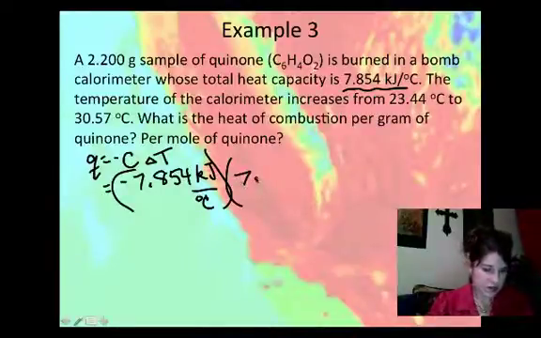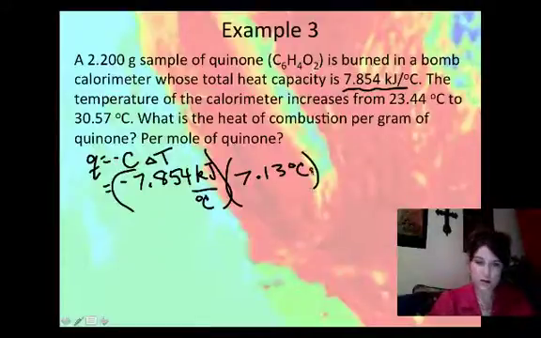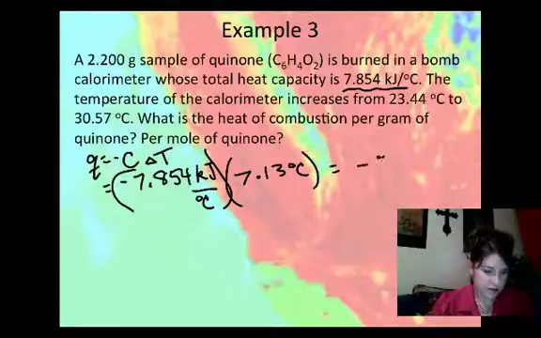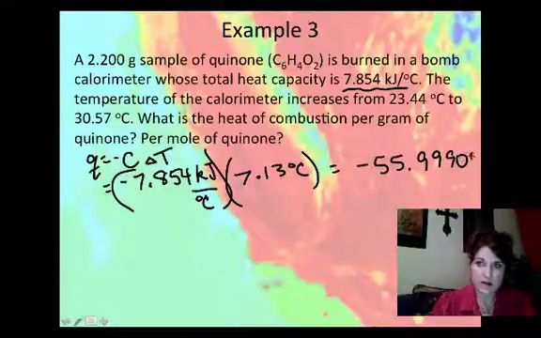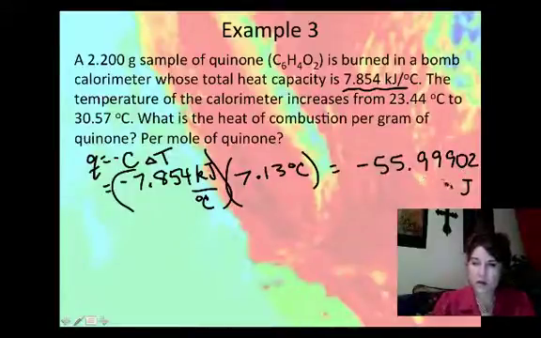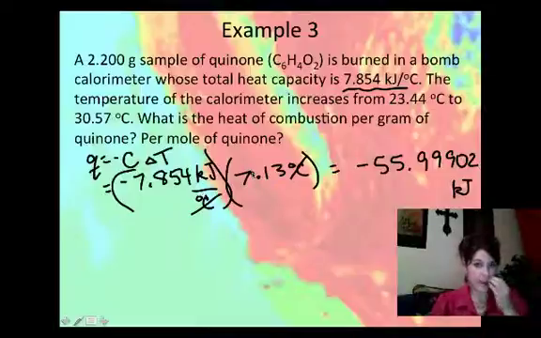Okay, my temperature change was 7.13 degrees Celsius. And that gives me an overall heat during this process of negative 55.99902 joules, of course, because, oh no, not joules, kilojoules, because the degrees Celsius cancels, and I'm left with kilojoules.